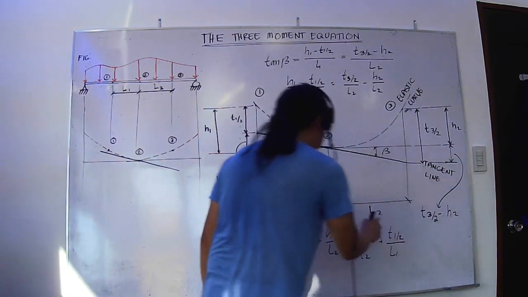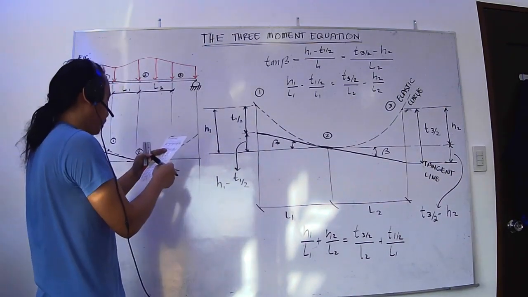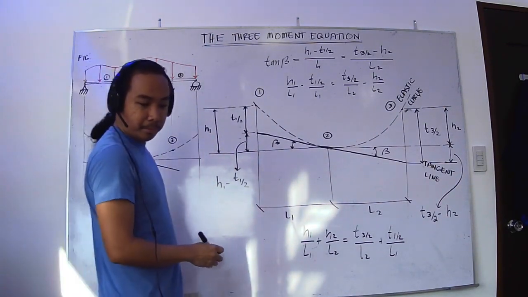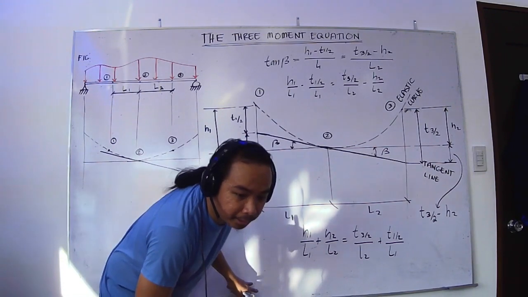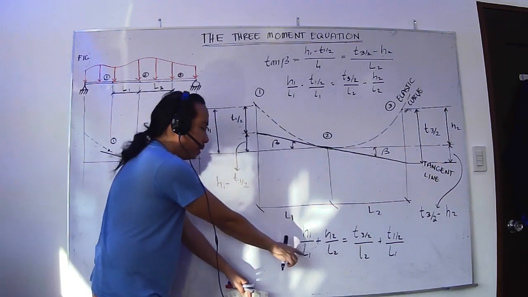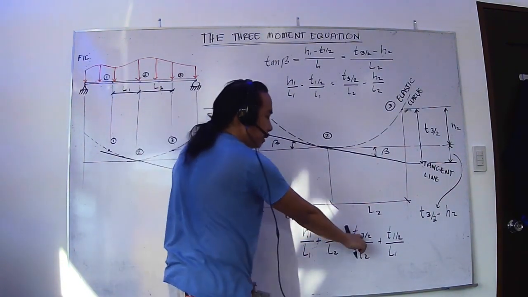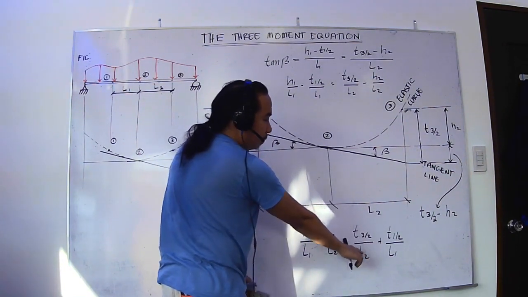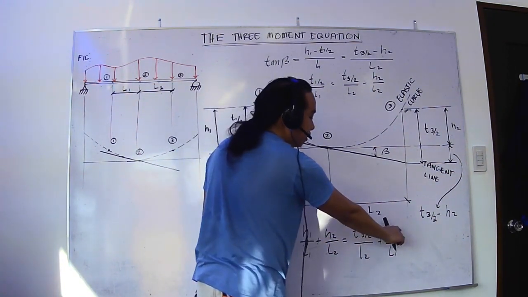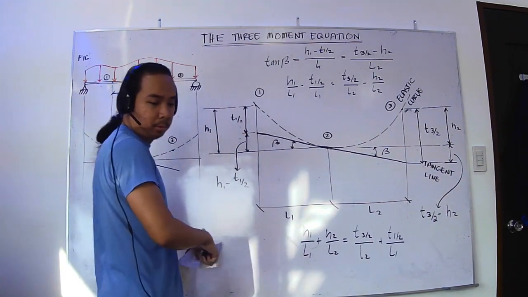Okay? So you have this kind of relationship. I hope you understand it. This H1 over L1, H2 over L2, tangential deviation from 3 to 2 over L2, tangential deviation from 1 to 2 over L1. Okay?